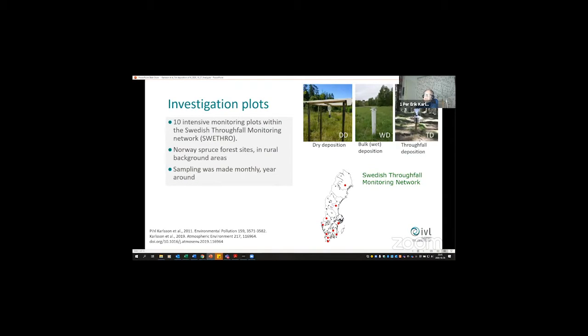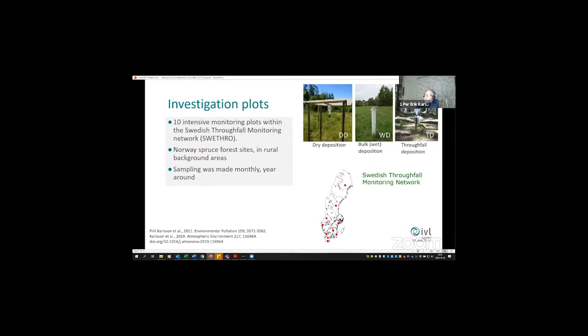So we know that the throughfall is not always working when we're trying to estimate the nitrogen deposition. In fact, in the northern part of Sweden, the deposition in the throughfall will be lower than the wet deposition to the open field. So we made use of monitoring plots within this Swedish throughfall monitoring network.